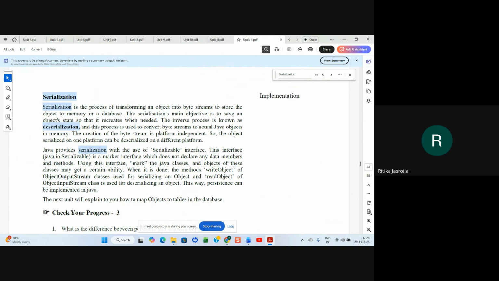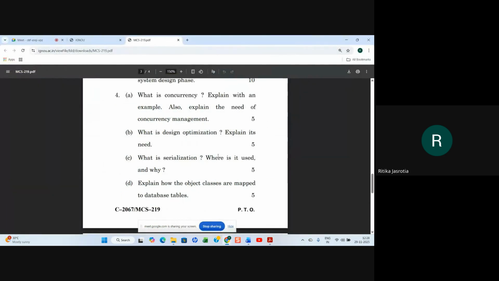Its main objective is to save an object's state so that it can be recreated when needed. The inverse process is known as deserialization, which converts the byte stream to actual Java objects in memory. The creation of the byte stream is platform independent, so an object serialized on one platform can be deserialized on a different platform. So that is what serialization is.